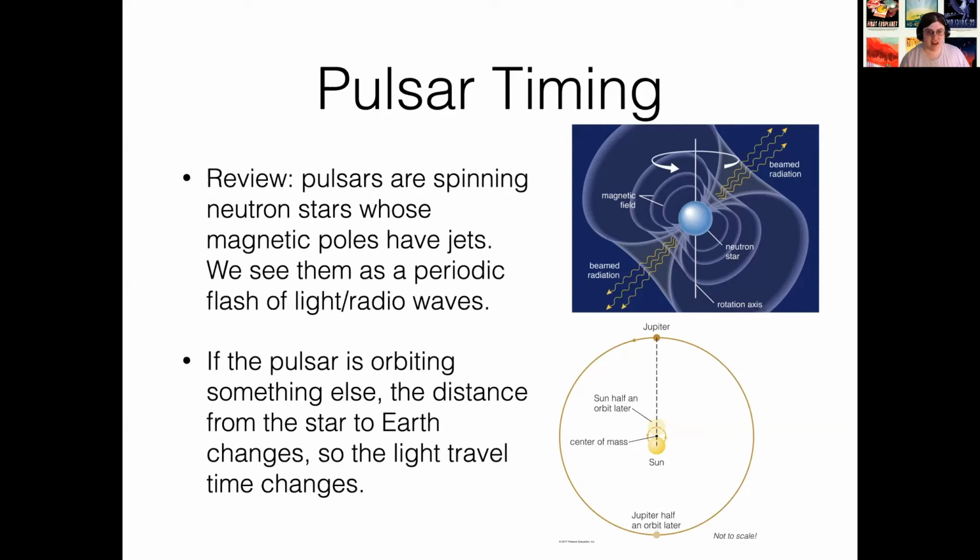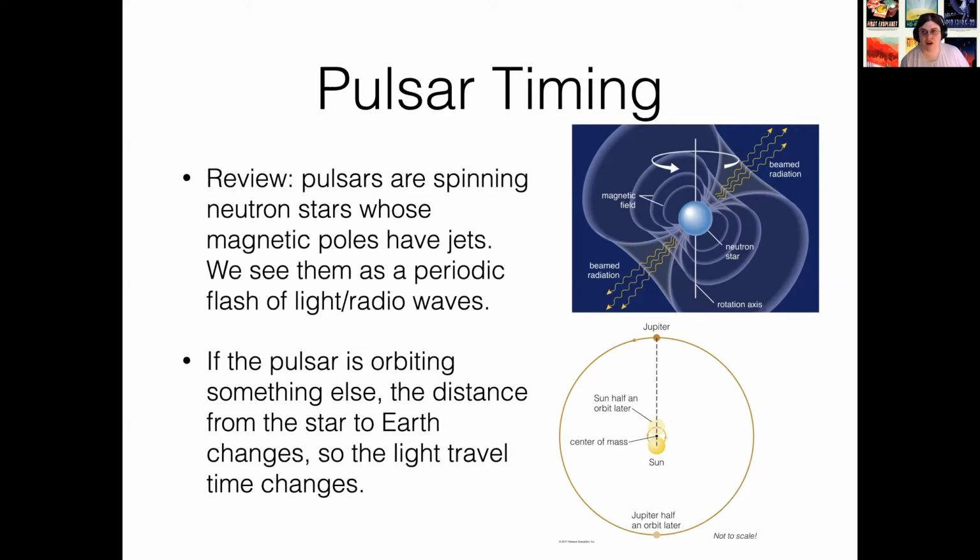Now, if the planet is orbiting a pulsar or anything, what is going to happen, and we see this in the picture on the bottom with the sun and Jupiter, is the two objects are orbiting their center of mass. Since the planet is much less massive than the star, the planet is making a very big circle, but the star is making a little small circle.